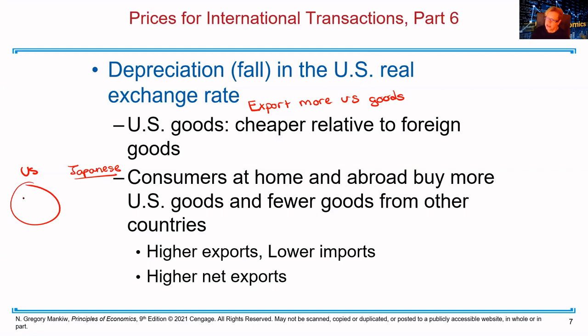US consumers buy US goods, not as many foreign goods, but Japanese citizens see US goods as cheaper, so they demand more US goods. This is the net effect of a depreciation or a weakening of the dollar.